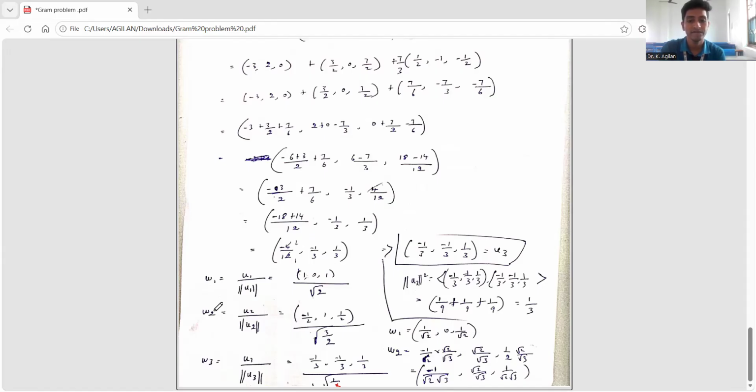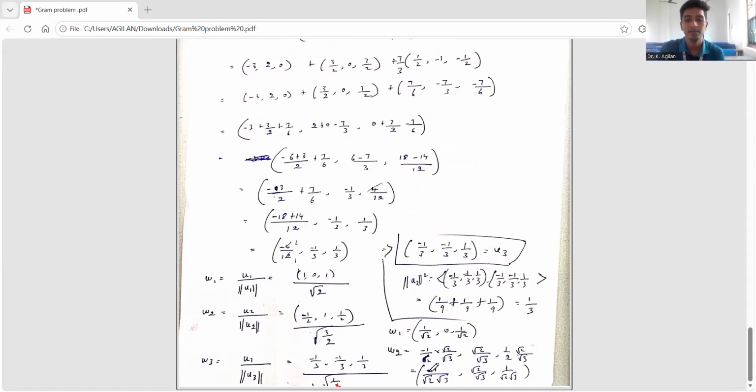Similarly, W2: minus 1 by 2 into the reciprocal, so minus 1 by 2 into square root of 2 by square root of 3, comma, root 2 by 3, which means minus 1 into root 2 by 3, comma, 1 by 2 into root 2 by 3.